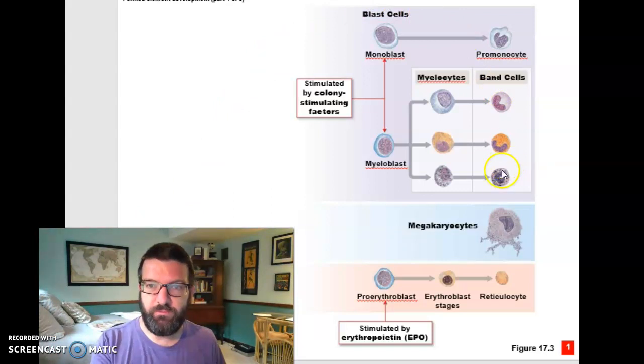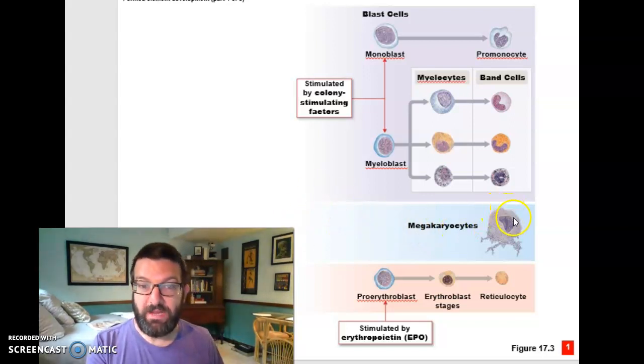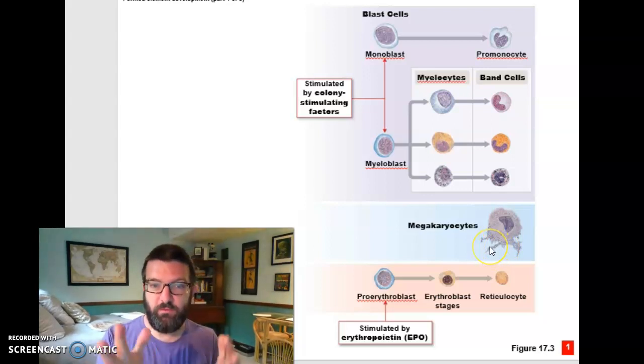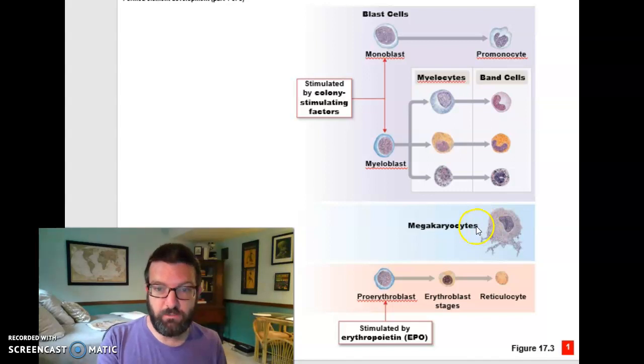So they could become one of these types of cells, which will come from a myeloblast or a monoblast. We'll talk about those in a second. Monoblast will eventually become a monocyte. They can go through a process that will turn them into a megakaryocyte. These are large cells which stick out these sort of pseudopods that crack off, and these cell fragments that result become platelets. So megakaryocytes make platelets.